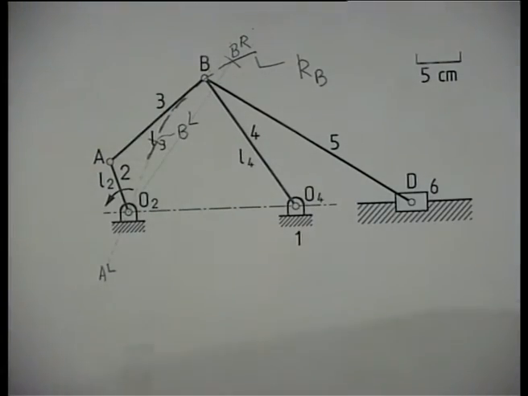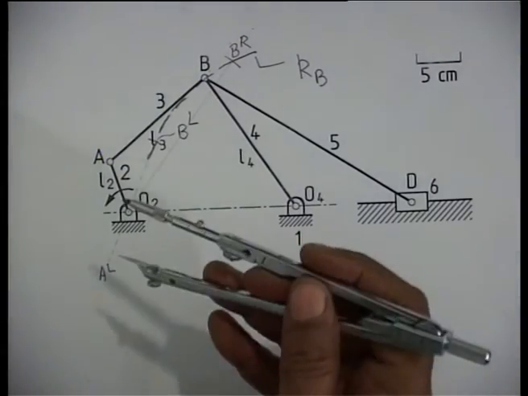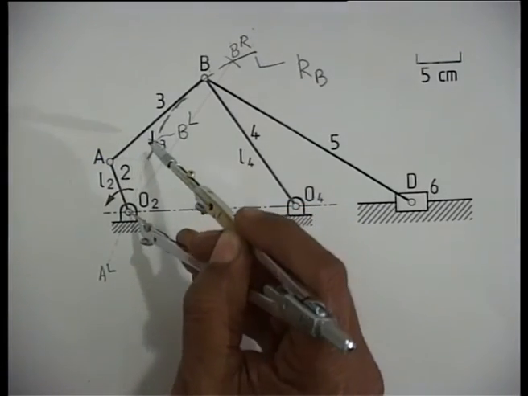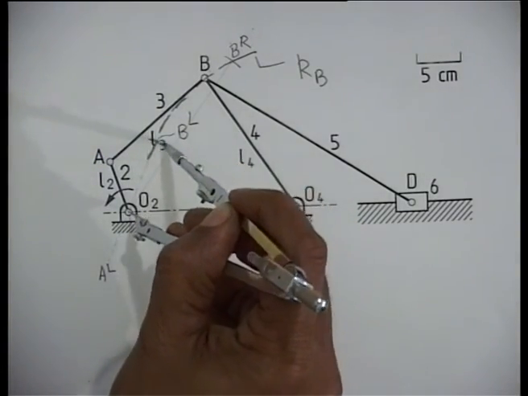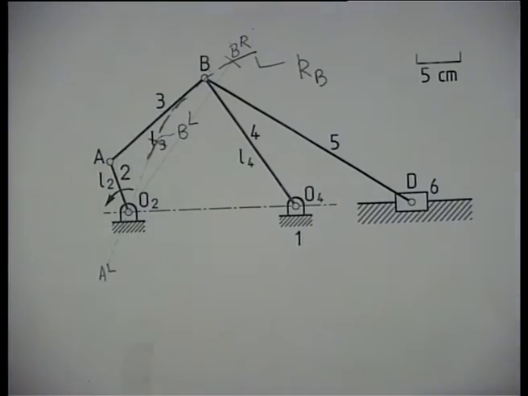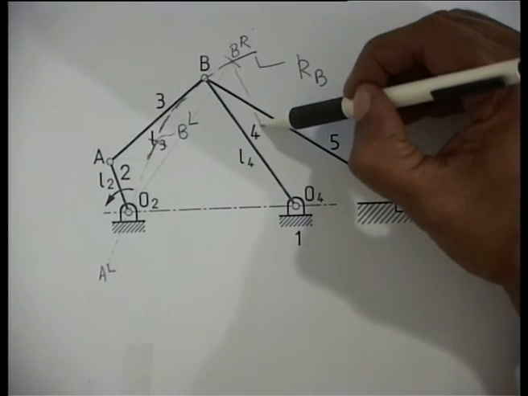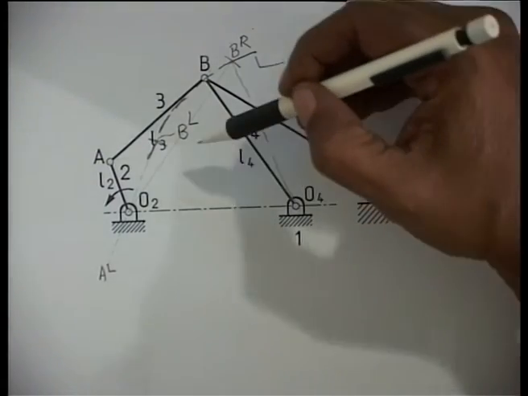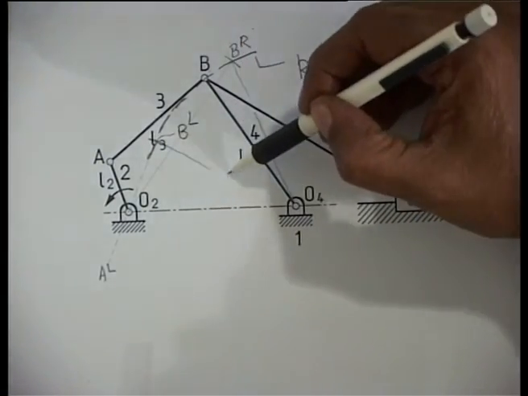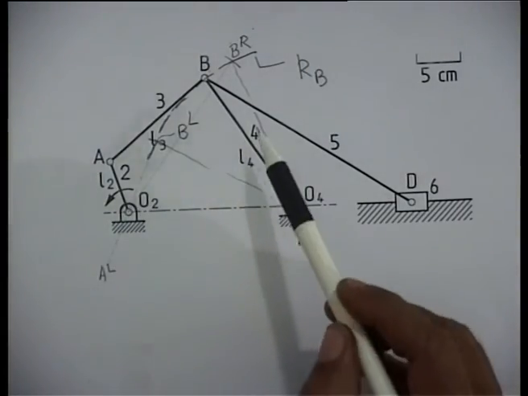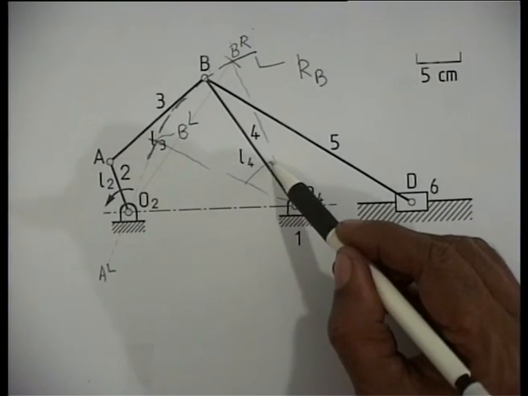So, I take the difference of O2AB and O2A and take that from O2 and mark it on KB. So, the link 4 oscillates from O2BR to O2BL. So, this is a crank rocker mechanism, and this is the rocking movement of link 4.